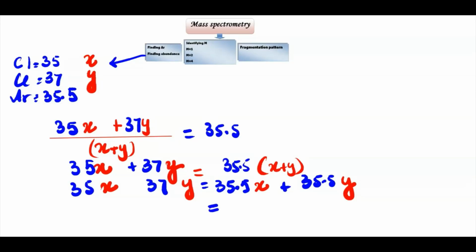Just solve it. You have 35x plus 37y, and you have 35.5x plus 35.5y. You take the 35x to this side, and the 35.5y to that side.